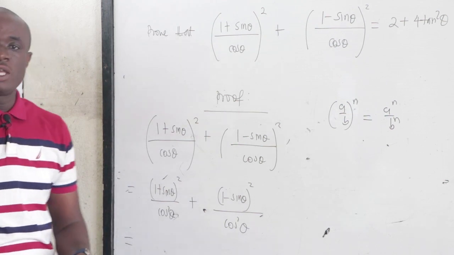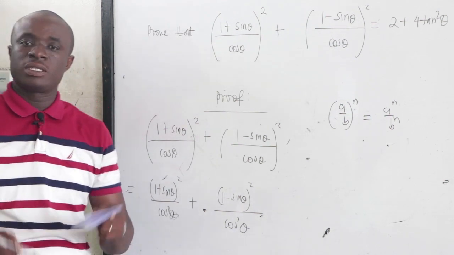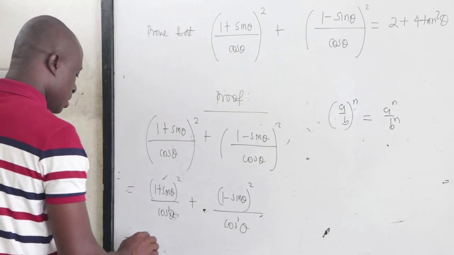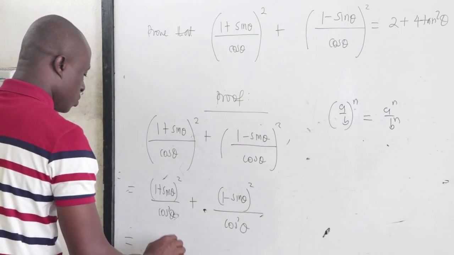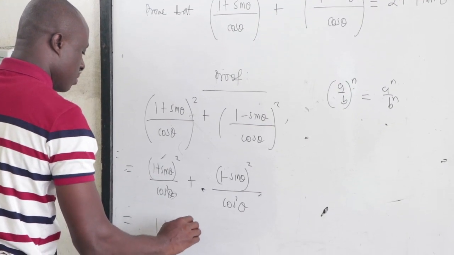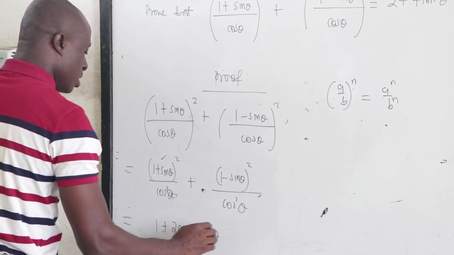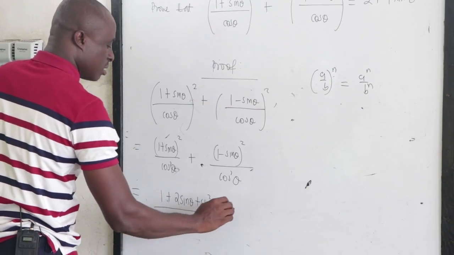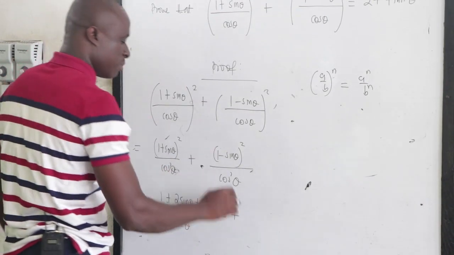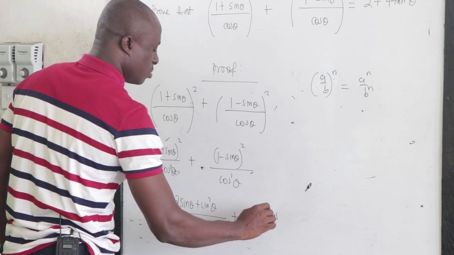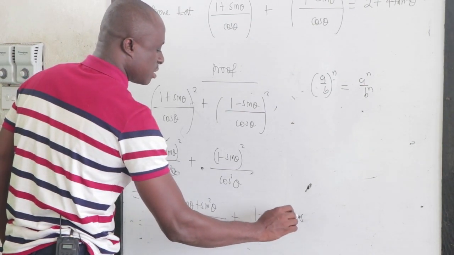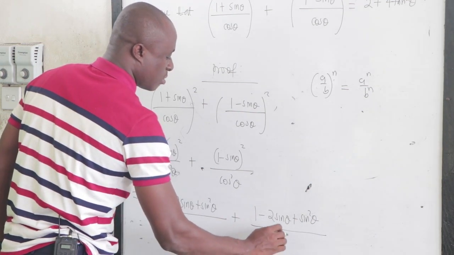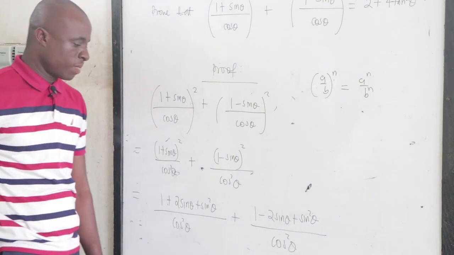Now, we know that if you have a plus b to the power 2, it is a square plus 2ab plus b square. Expanding this is 1 plus 2 sine theta plus sine square theta all over cos square theta plus, expanding this is 1 minus 2 sine theta plus sine square theta all over cos square theta.